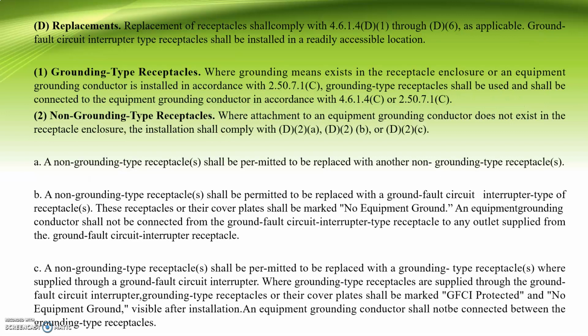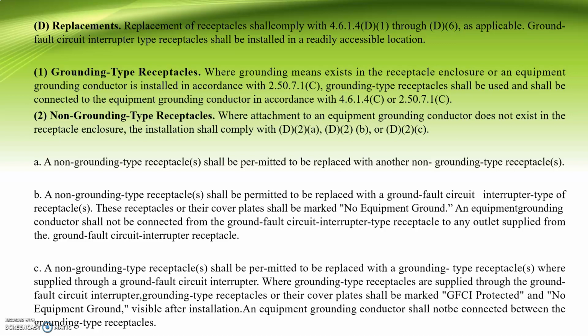D, replacements. The replacement of receptacles shall comply with Chapter 4.6.1.4d1 through d6, as applicable. Ground fault circuit interrupter type receptacles shall be installed in a readily accessible location. Number 1, grounding type receptacles.